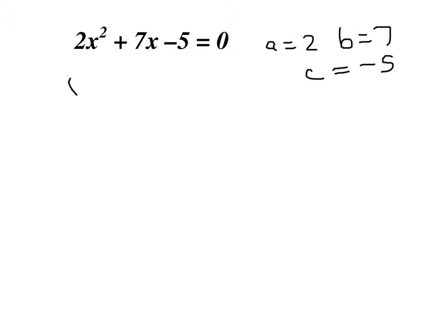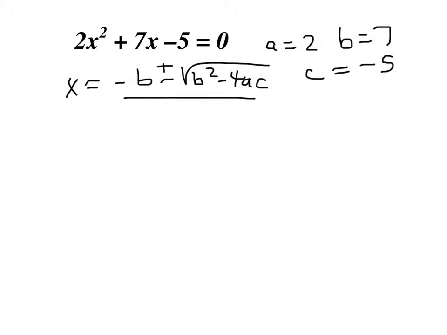We want to put those into the quadratic formula. Remember, it's negative b plus or minus the square root of b squared minus 4ac all over 2a. So using our values of a, b, and c, and whenever I substitute negative numbers into a formula, I always use parentheses.